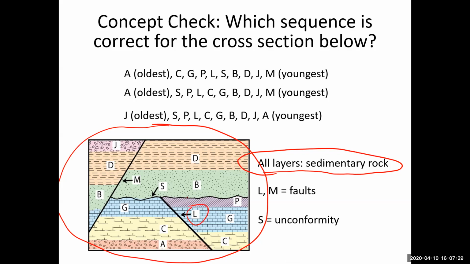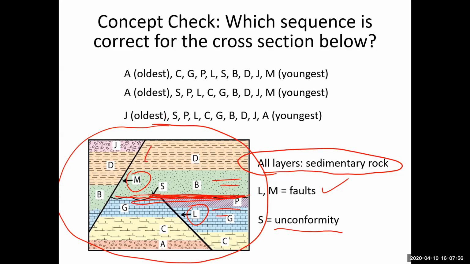L and M are cracks or fractures along which movement or shifting of the layers has occurred. Those are called faults. And then layer S, which we just got through talking about, is what's called an unconformity. In this case, because the unconformity itself is kind of parallel to the layering above and below, this would be a disconformity, but don't worry so much about that.